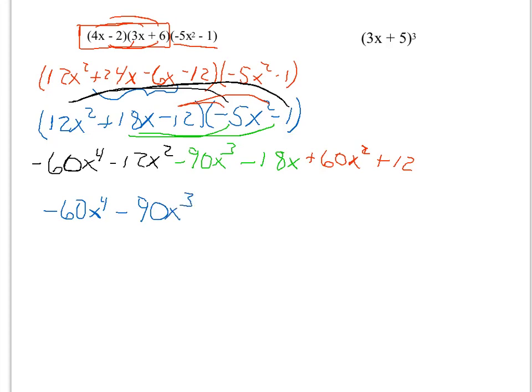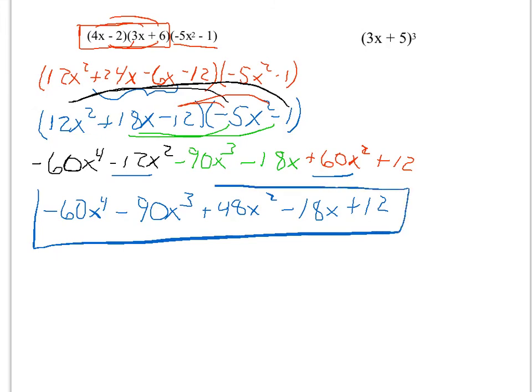Then we move to the x squared terms. We have a couple of those. We can put those together. So negative 12x squared plus 60x squared will be plus 48x squared. And then we have the single x term, so minus 18x. And we have the constant, plus 12. And that's it. It's simplified as far as I can get.